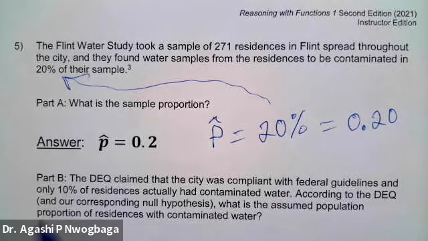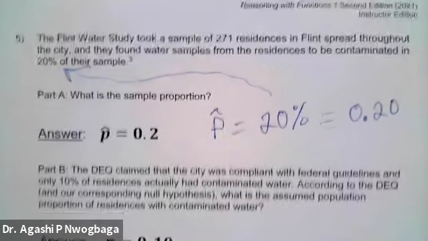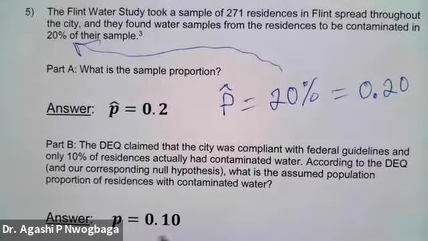We already know it's 10%. So P, the population parameter, is 0.10. So now we have the sample proportion, we have the population proportion. Let's go to problem number 6.